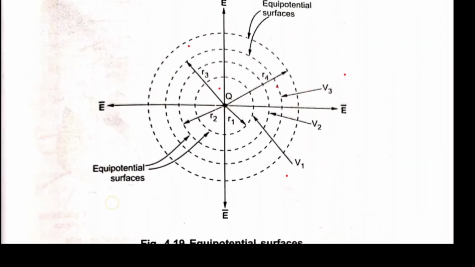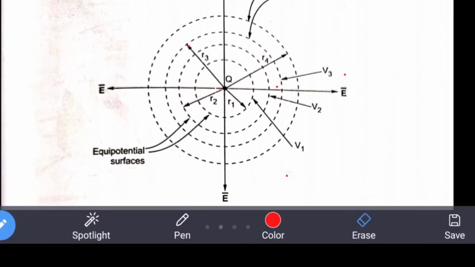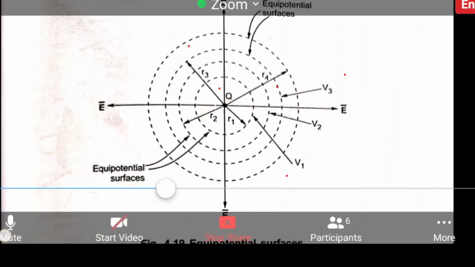Let us consider a point charge located at the origin. The point charge Q is located at the origin of a sphere. Assume the charge is located in a sphere having radius R, but we are taking many points at radii R1, R2, R3.